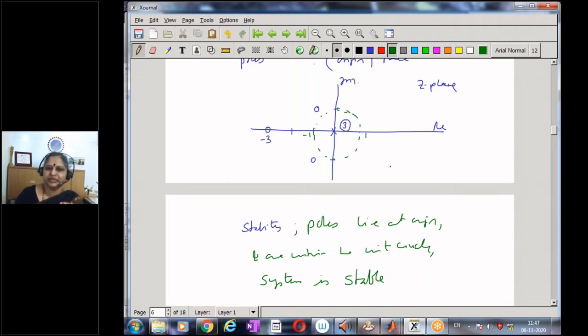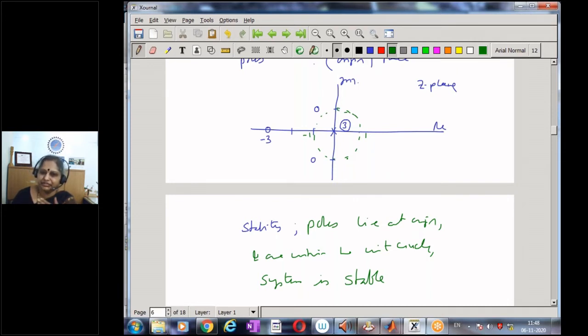The system is stable. We will move further, and we'll also learn to comment on the frequency properties by looking at the pole zero plot. For now, we shall restrict to commenting on the stability of the system from the pole zero plot.